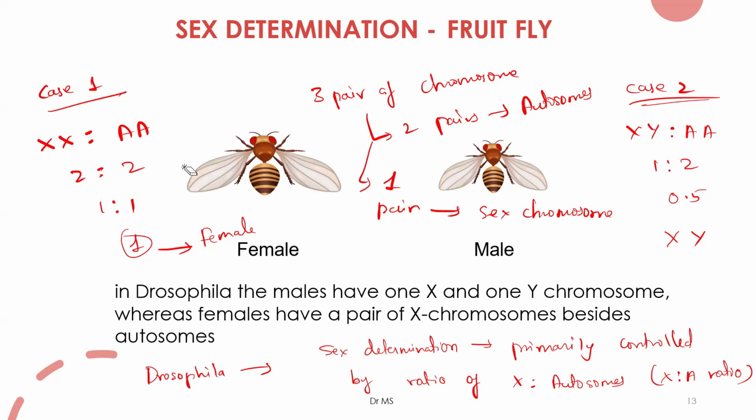In the first condition, XX to 2A gives 1, which is female. Here, XY to AA gives 0.5. If the ratio is 0.5, we will say it's a male. If it is 1, it's a female.